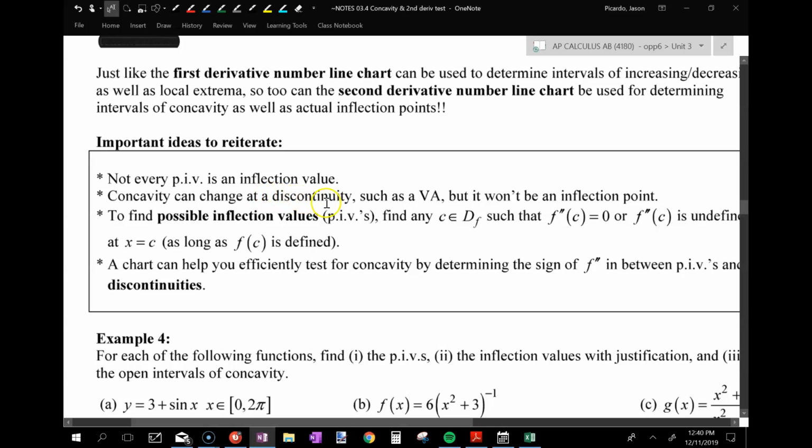Concavity can change at discontinuities, such as vertical asymptotes, but they won't be inflection points at the vertical asymptote. It's possible to find inflection points by finding where second derivatives equal 0 or are undefined. A chart can help us efficiently do that, just like we did last lesson.